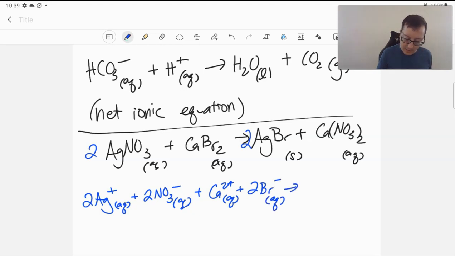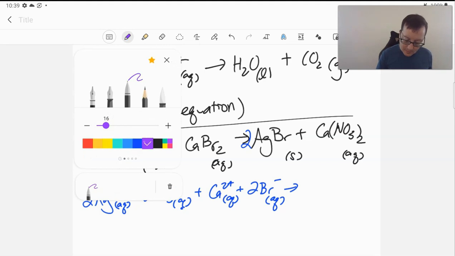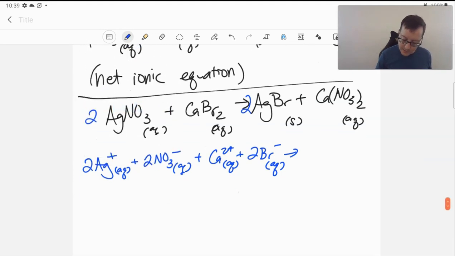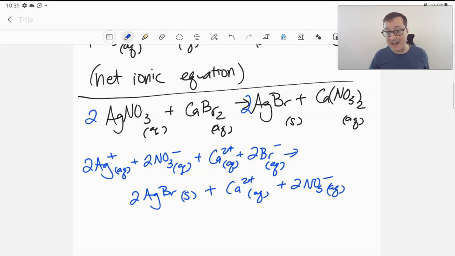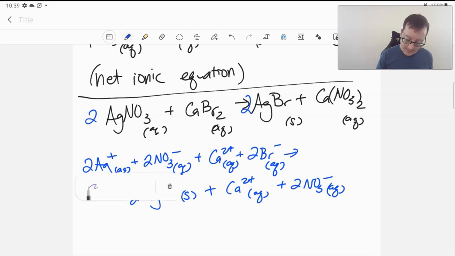Right? I'm going to write our product side on the bottom here because I don't have room. We'll have our 2 silver bromide solid. Do not split that one up if it's solid. And then we have the calcium ion plus the 2 nitrate ions. So we want to look what's exactly the same on both sides.